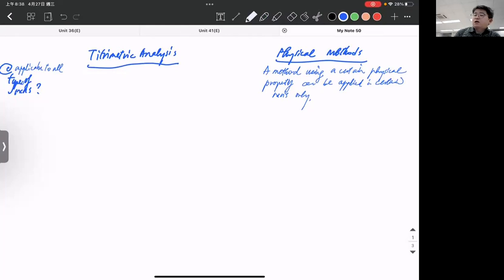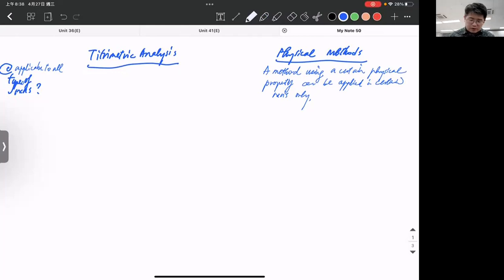But what if I have a moderately slow reaction in which there is no significant change in observation, for example, no color change by the end of the reaction? It is quite hard to use a physical method.